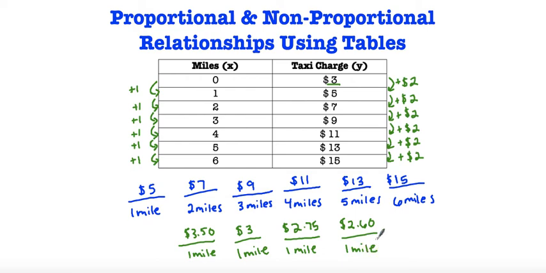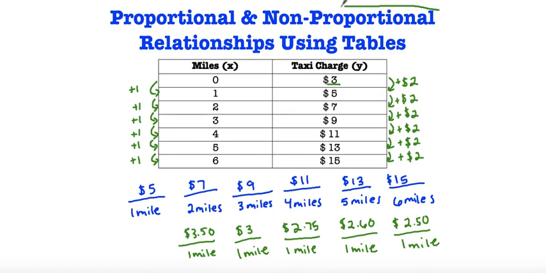And $15 divided by 6 miles ends up being $2.50 per mile. As we can see here, our rates are not equivalent, so this is not a proportional relationship.